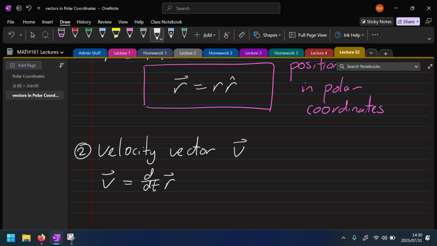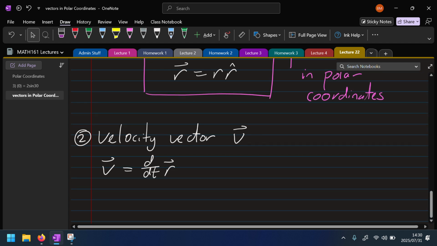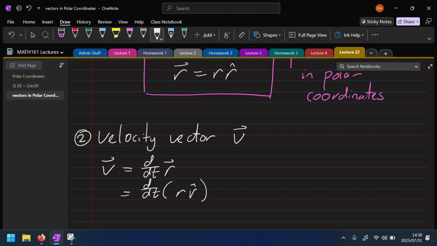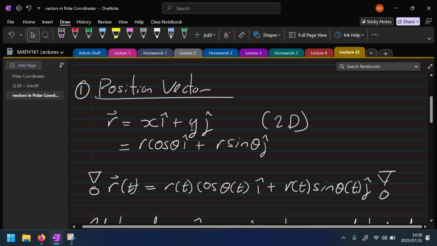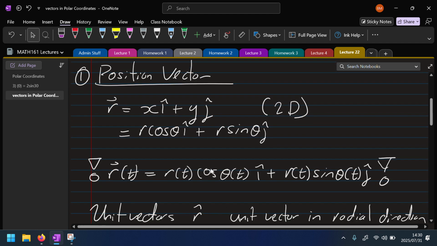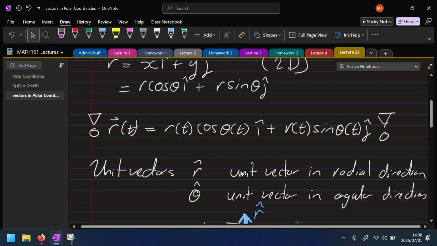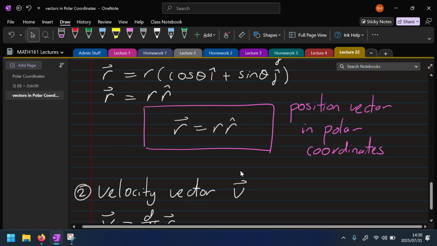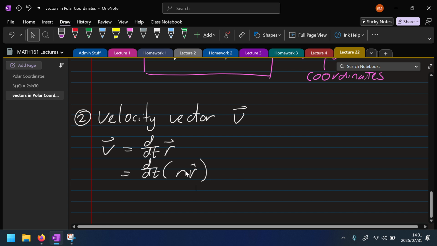But now we're not going to be using the Cartesian form because we want this in polar coordinates. So we're going to use that equation from that box there. So this is going to be d by dt of r r hat. And again, the warning from earlier: everything here depends on time. We're not writing these as functions of time, but r is a function of time, and r hat is a function of time.